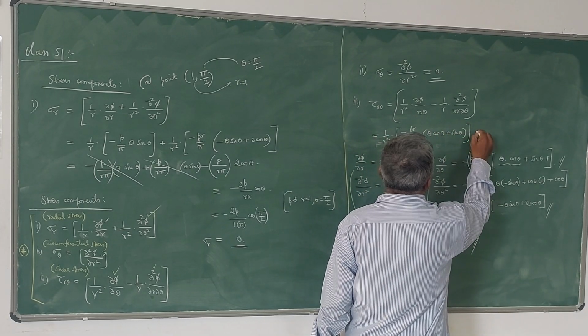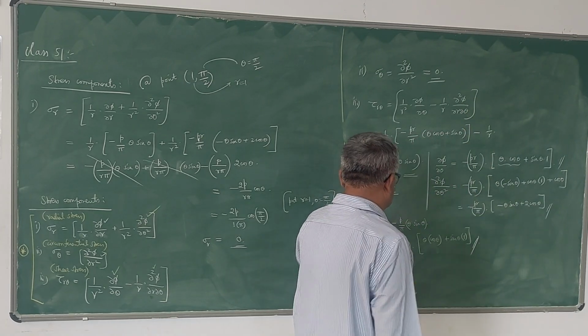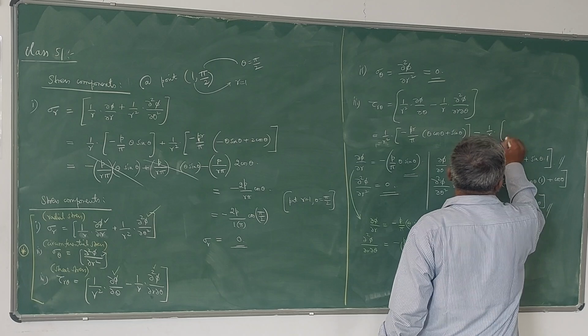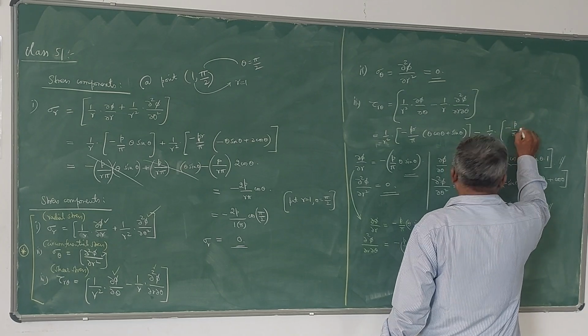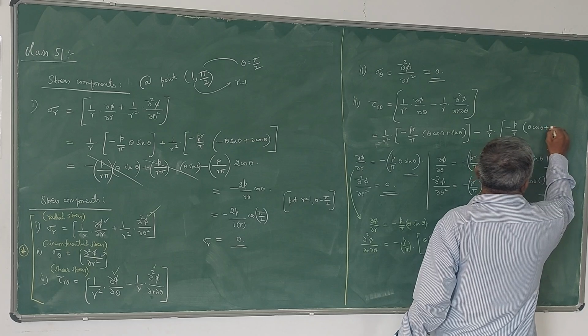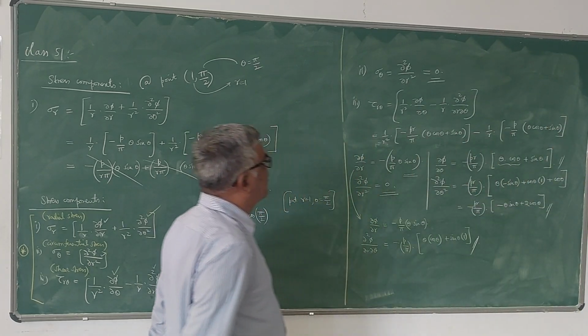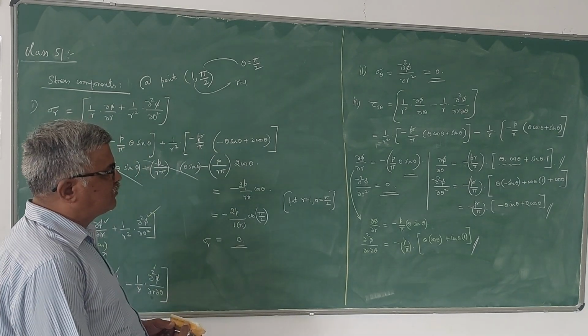Minus 1 by r into dou square phi by dou r dou theta is this, minus p by pi into theta cos theta plus sin. We have to simplify that now.